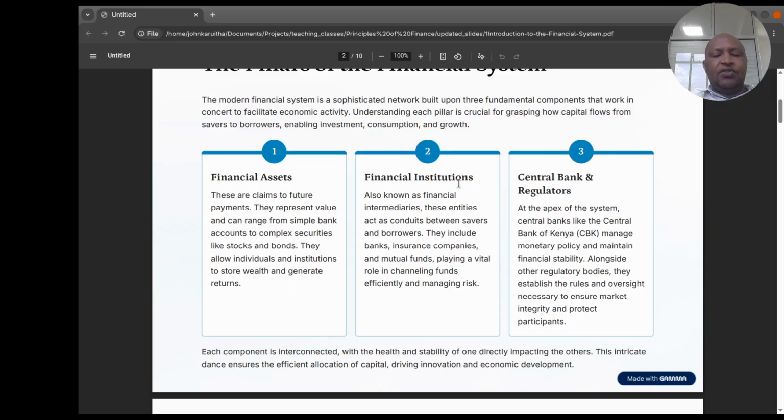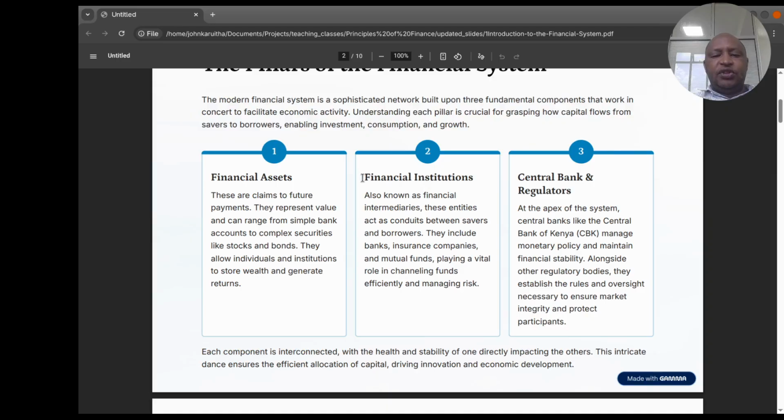That list I'm giving is not exhaustive. When you hold a financial asset, you can always claim future payments. When you hold cash, you can go to a hotel, ask for food. That food is a kind of a payment. When you hold a share in a company, by the end of the year you'll get a dividend. When you hold a bond, by the end of the year you can claim interest, and so on.